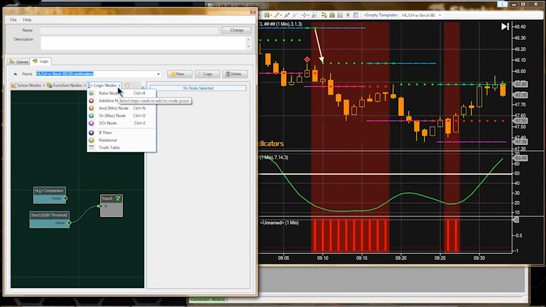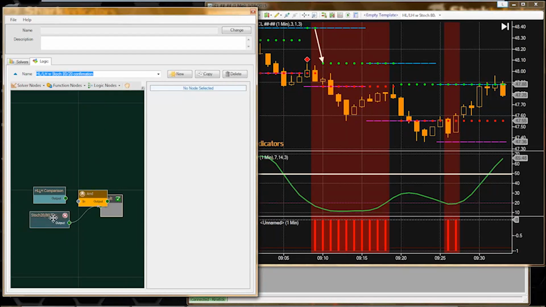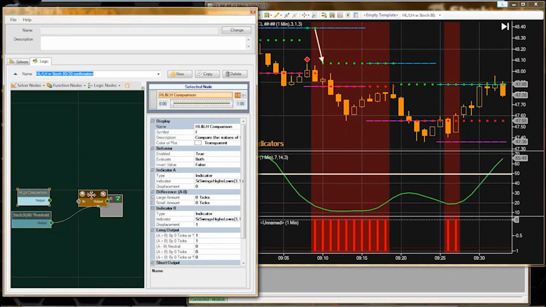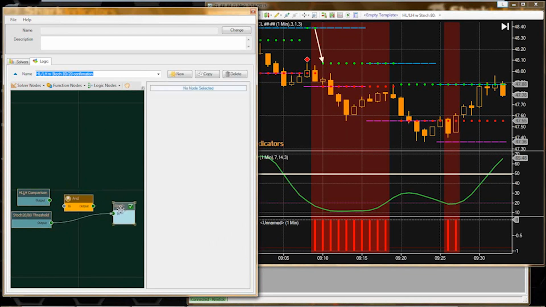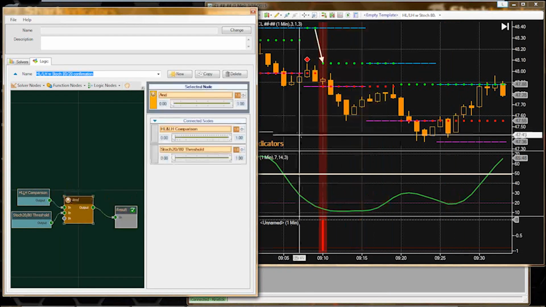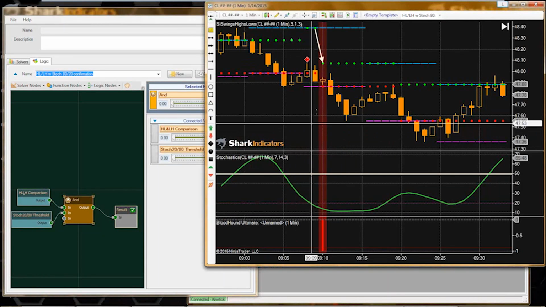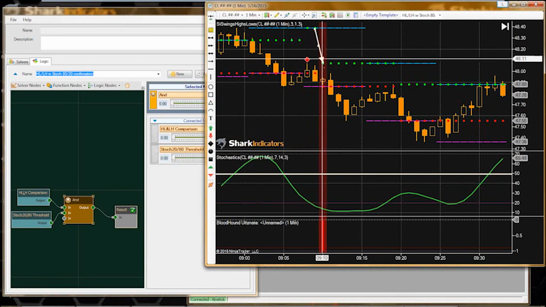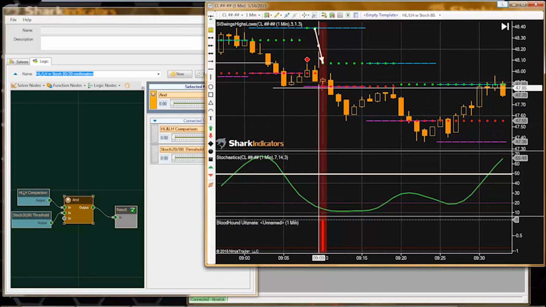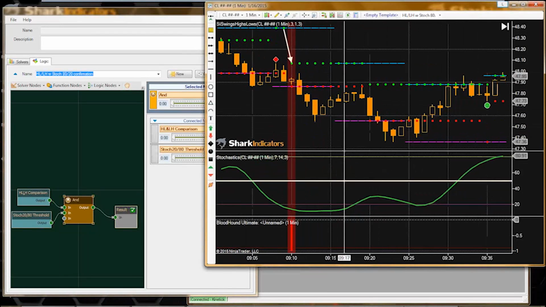Most likely, I think we just need to join these together with an AND node. And let's see what we get. All right, we do get a trade signal there, a nice step down.